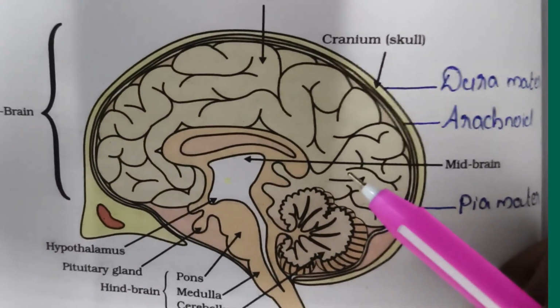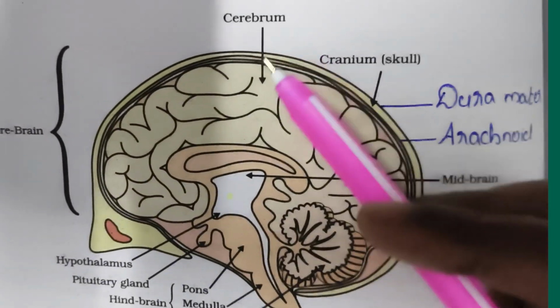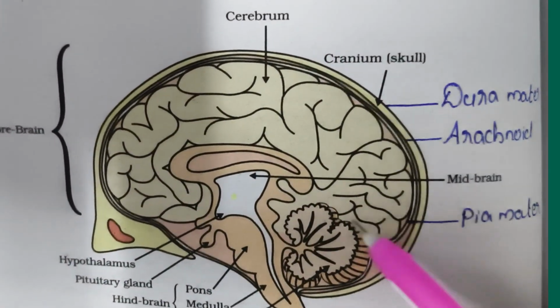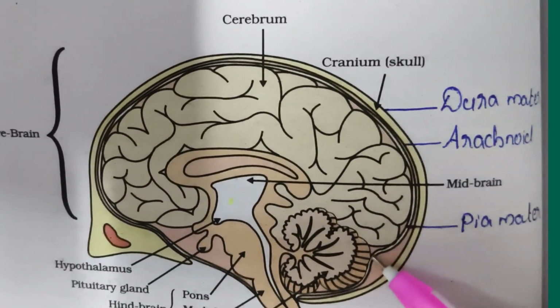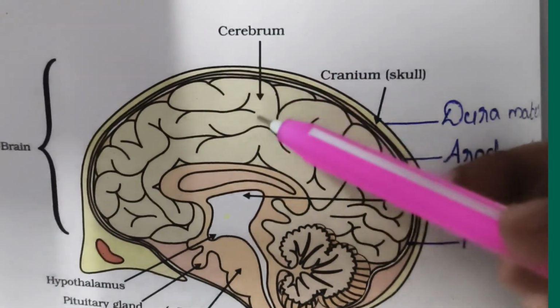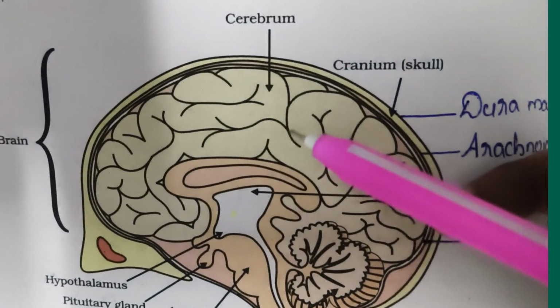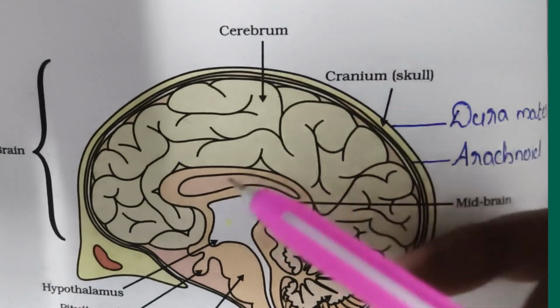Let us study the next part of the forebrain, that is the cerebrum. Here you can see in the diagram, it is the largest part of the brain. It is longitudinally divided into 2 parts, the cerebral hemispheres.